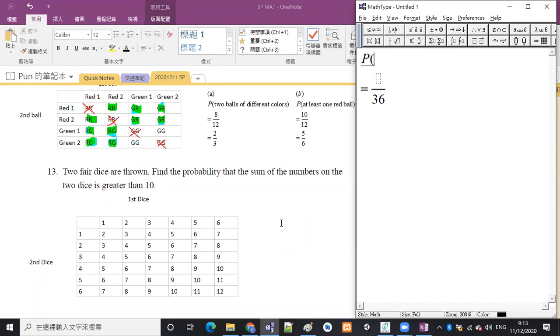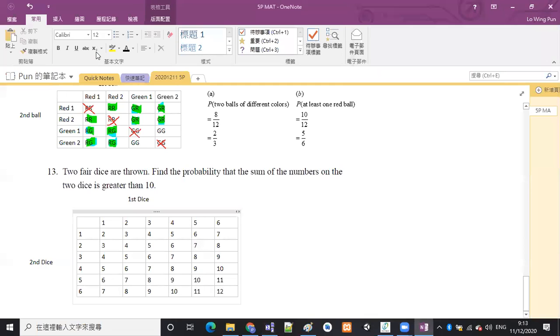And then what we're going to find here is the sum of the numbers is greater than 10. Okay, among these 36 outcomes, how many of them will have the sum greater than 10?